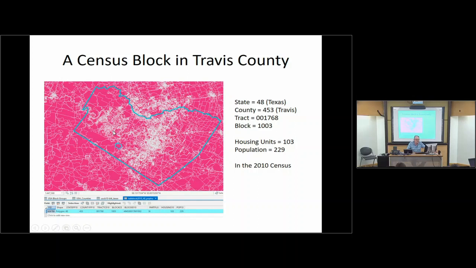So this says there's 103 housing units and 229 people in this particular census block in the 2010 census. So you can make detailed calculations at the block level with this information now. The data set that I downloaded has only housing and population. It doesn't have ethnic distribution and other things that the census also carries.